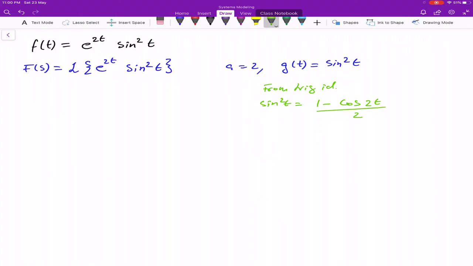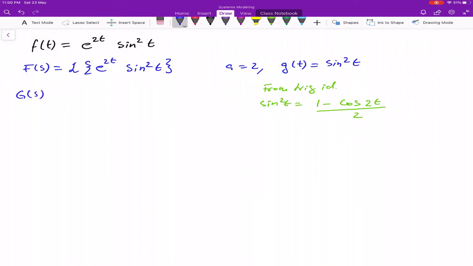So we can use this trig identity because we know the Laplace transform of a cosine. We worked it out already earlier. So let's find the Laplace transform of g of t.